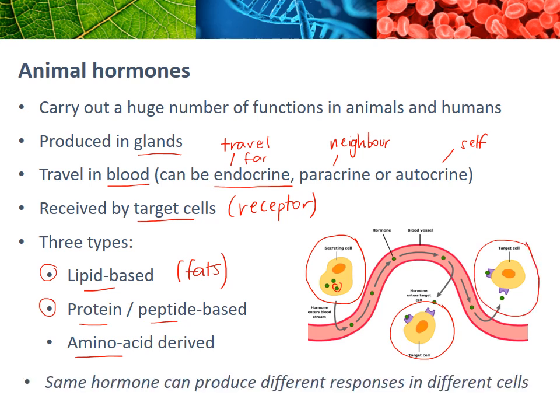One other important thing to note is that some hormones will act upon different types of cells and produce different responses in those cells. Okay, but like I said, you don't need to know specific hormone names or what they do. In the textbook, you'll see there are some examples listed if you're interested, but you don't need to know that.